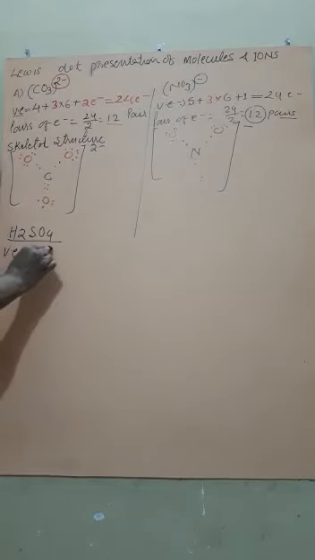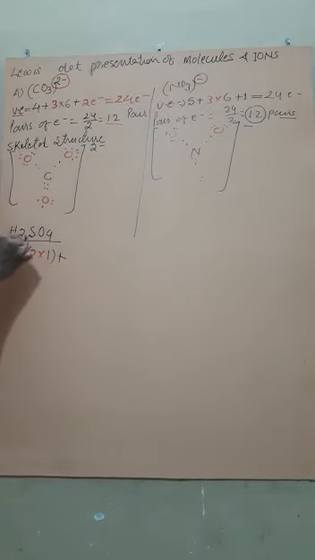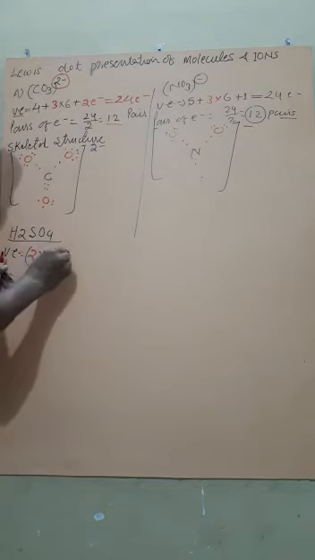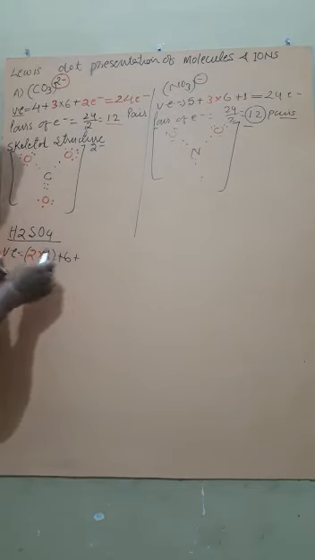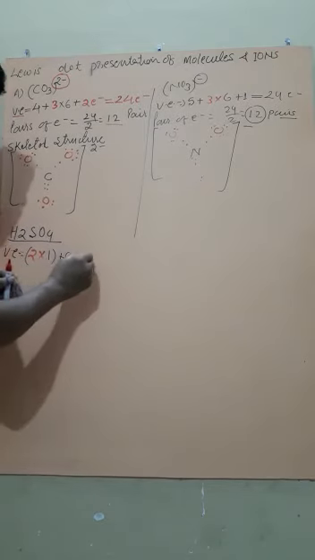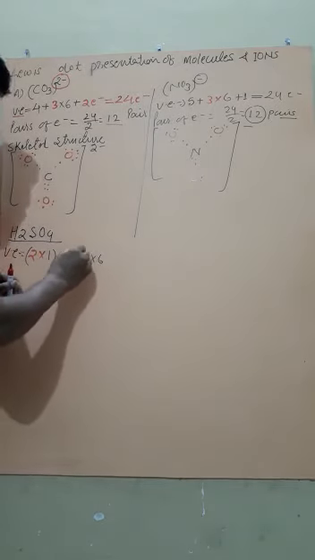If we need to draw the structure of H2SO4, how do we draw it? First write the valence electrons. Hydrogen atoms are how many? 2, and each has 1 electron. Plus sulfur, its valence electrons are 6. Plus oxygen, 4 atoms, each with 6 electrons.